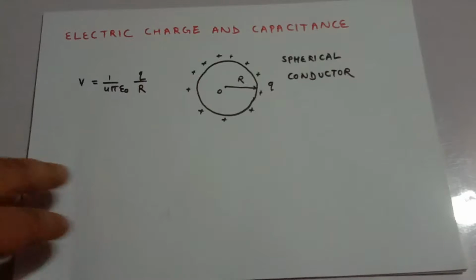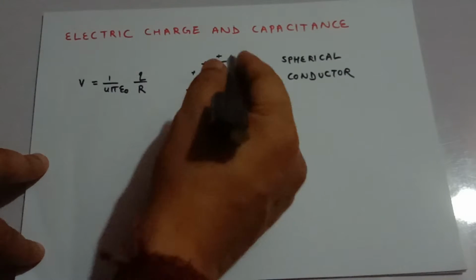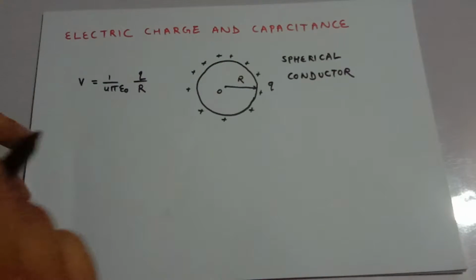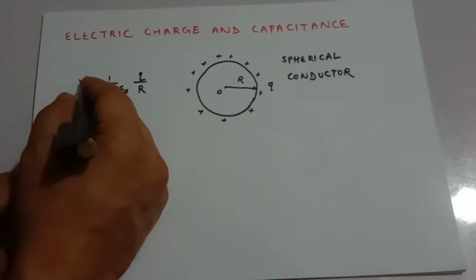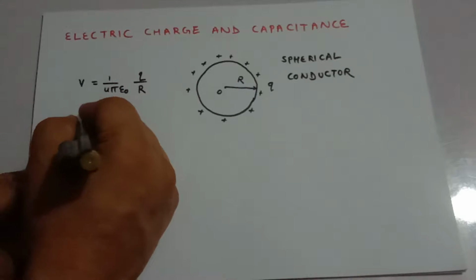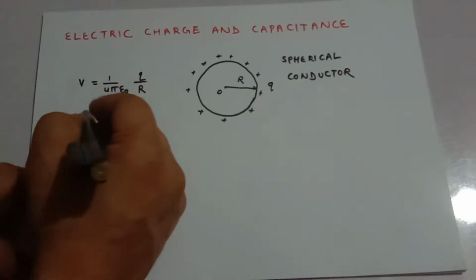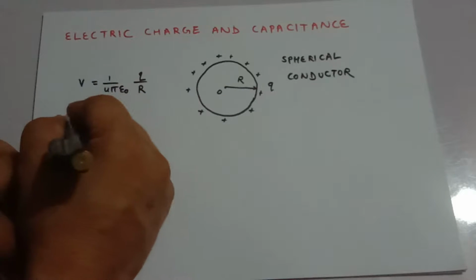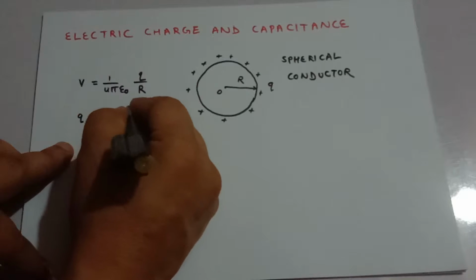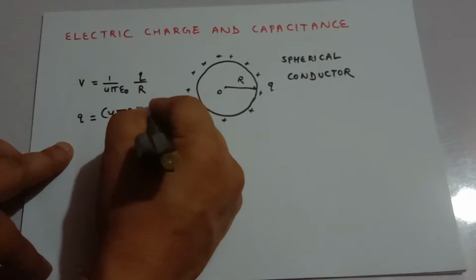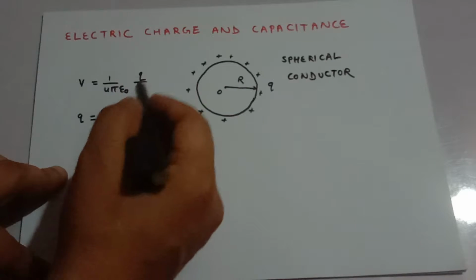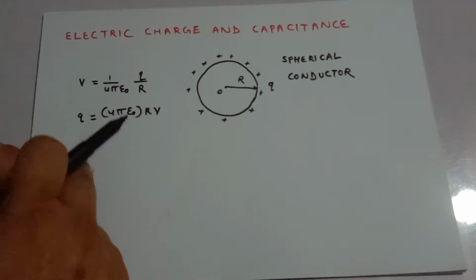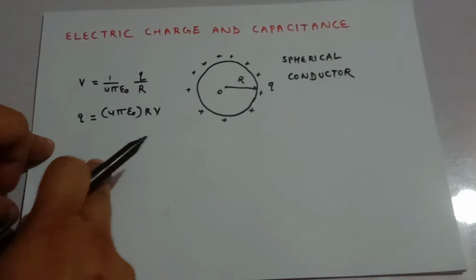Now suppose this spherical conductor has some capacitance, and we know that this charge is directly proportional to V. By seeing this relation, you can say this Q would be 4 pi epsilon naught into R into V. So we have taken all these terms except Q on the left hand side, so we get Q is equal to 4 pi epsilon naught R into V.